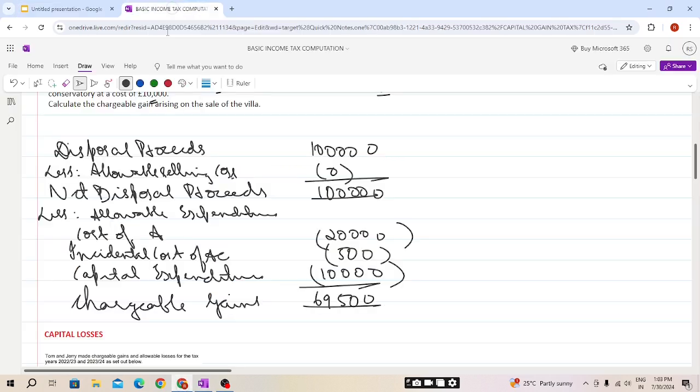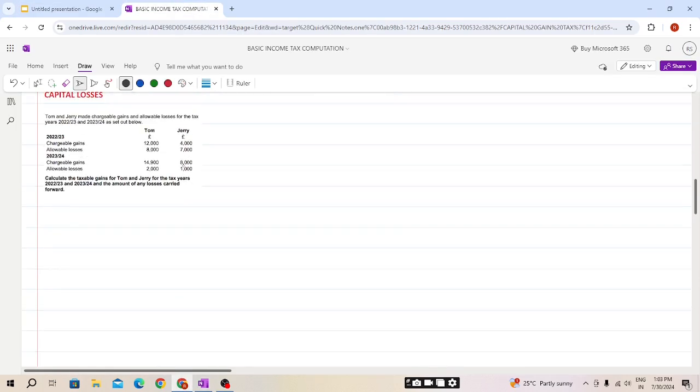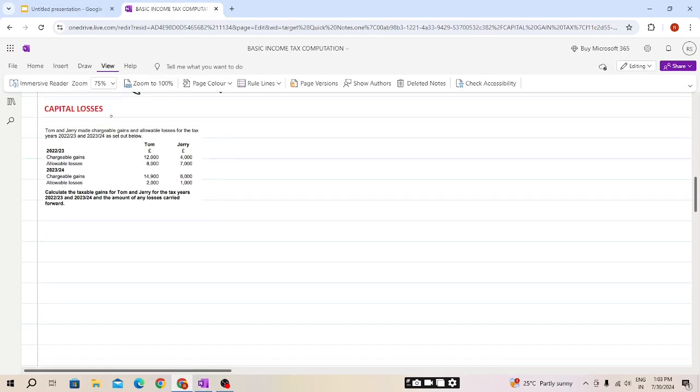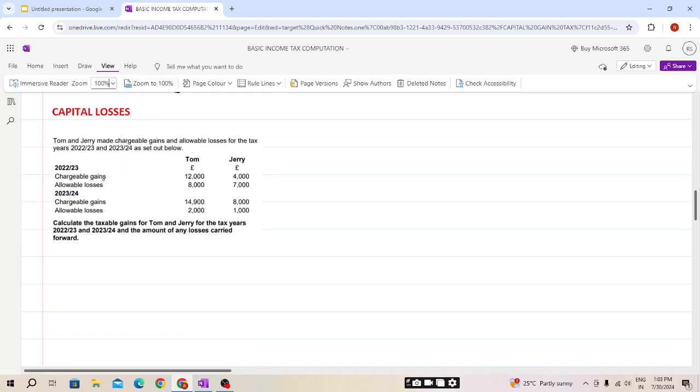Now we will be seeing a question of losses. Tom and Jerry made chargeable gains and allowable loss for the tax year 2022-23 and 2023-24, set out below. 2022-23 chargeable gains, allowable loss. 2023-24 chargeable gains and allowable loss.